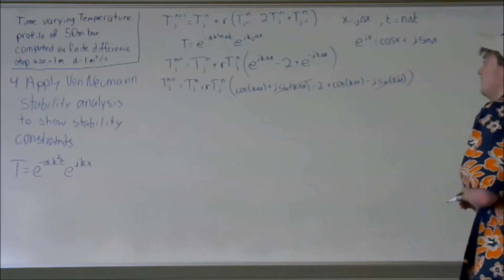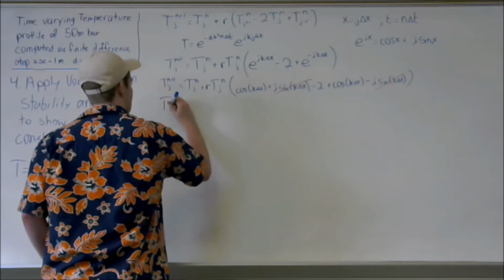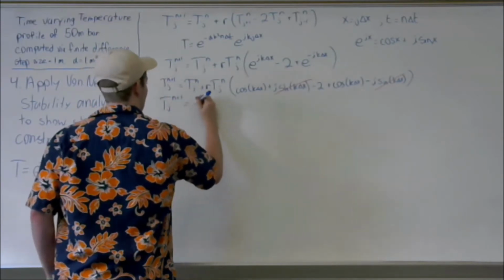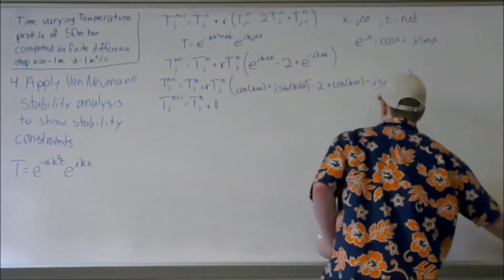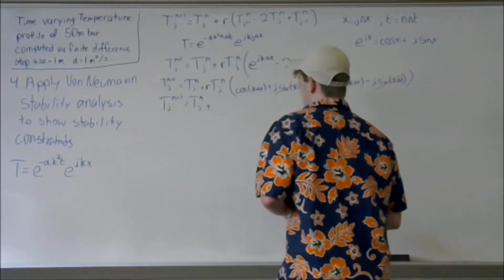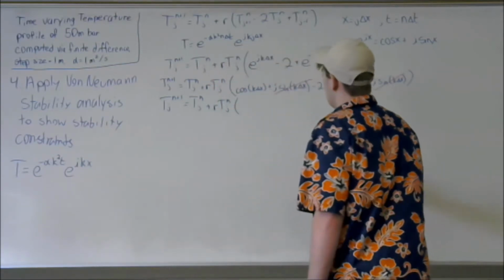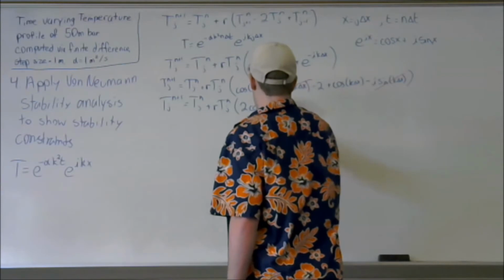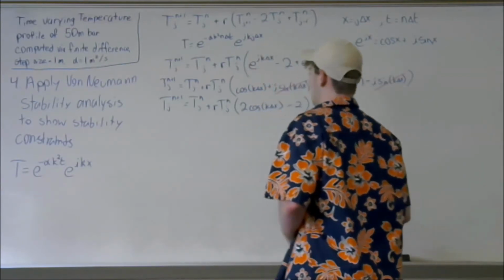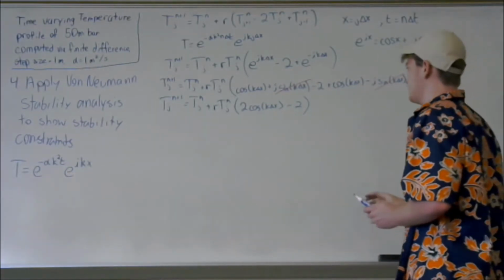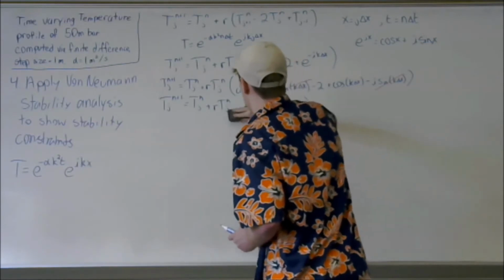So let's keep going here. Let's further factor out a few things. Let's rewrite this first. So we have T_j^(n+1) equals T_j^n plus r, not a big R, a little r, times T_j^n. What's inside here? We have a 2 cosine of k delta x minus 2. Let's factor out a 2 here, just to make it easy on ourselves.